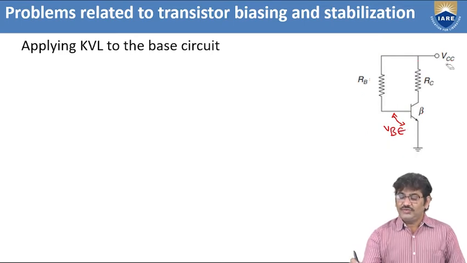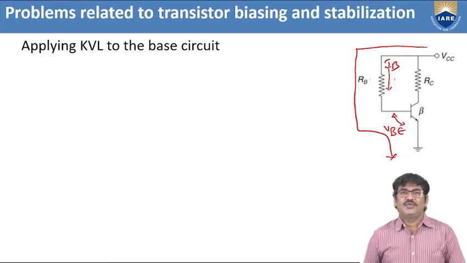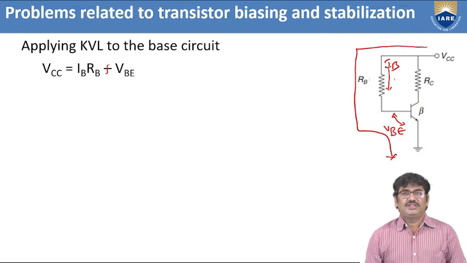For this circuit, we write the KVL expression by considering VCC, RB towards ground. The current flowing through RB is IB. Then we can write the KVL expression as VCC equals IB into RB plus VBE.